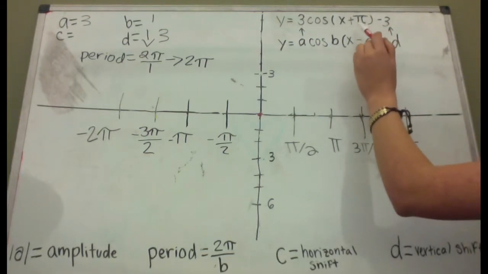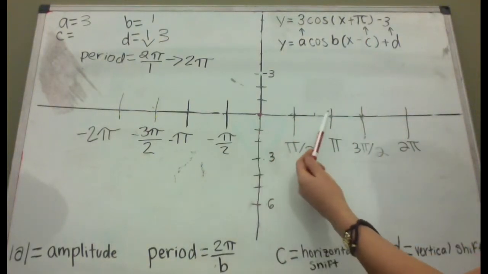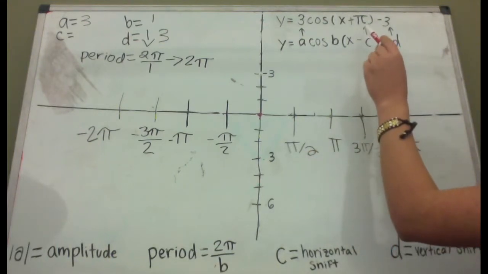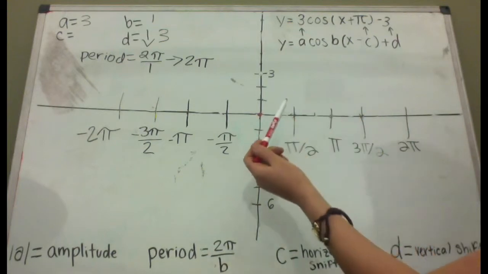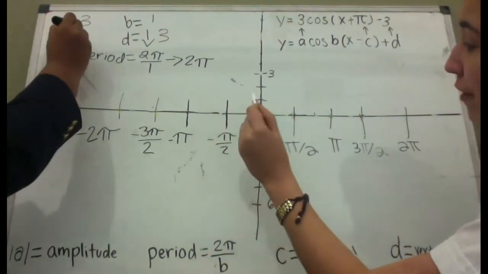So, looking at this right now, you would assume that your horizontal shift would be pi in the positive direction to the right. However, always know that you have to change the sign and move the opposite direction. And that is where your graph really begins.